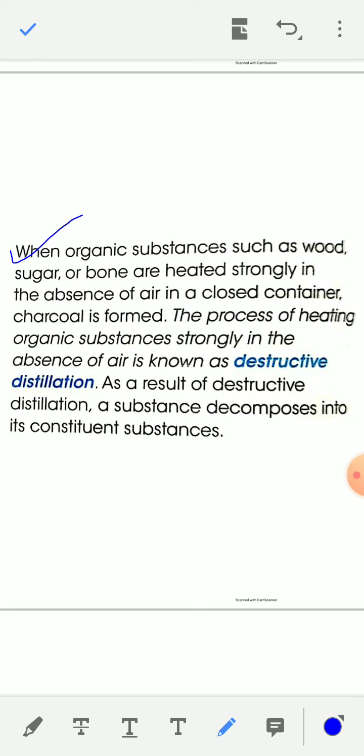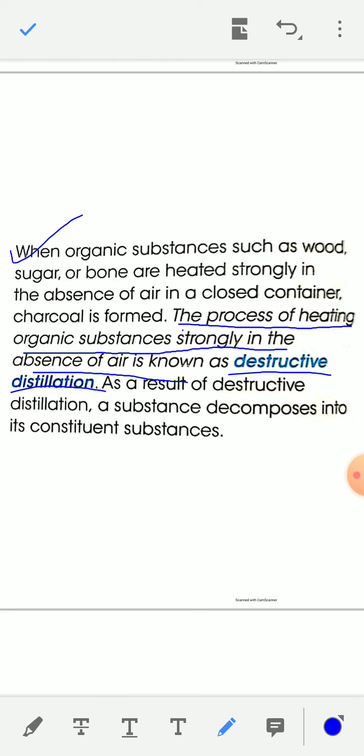This process of heating organic substances strongly in absence of air is known as destructive distillation. So using the destructive distillation method you can produce charcoal.